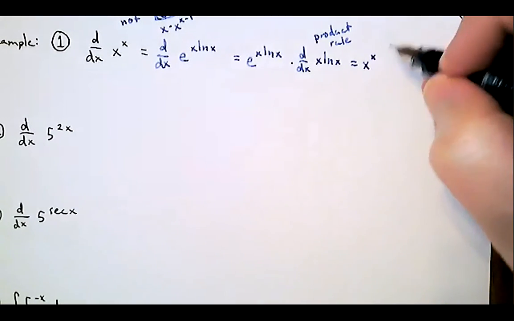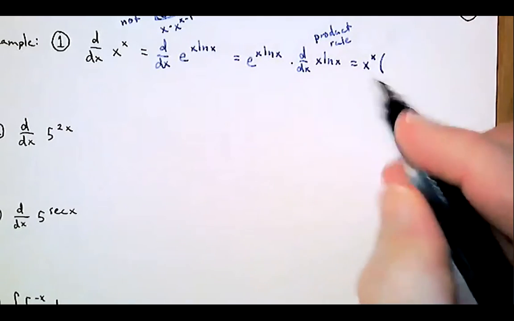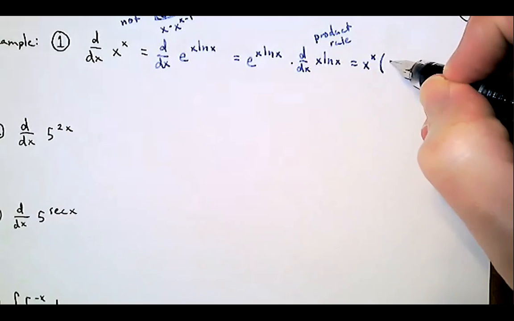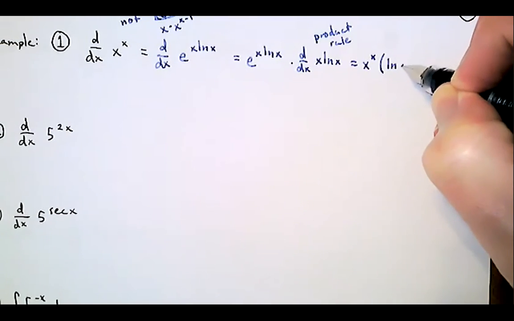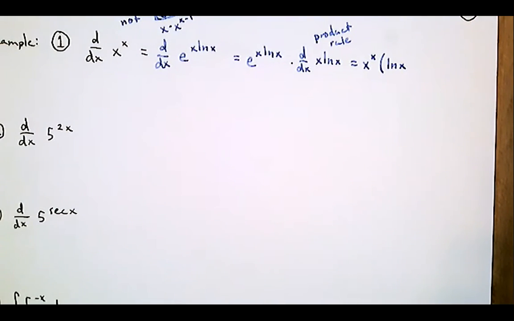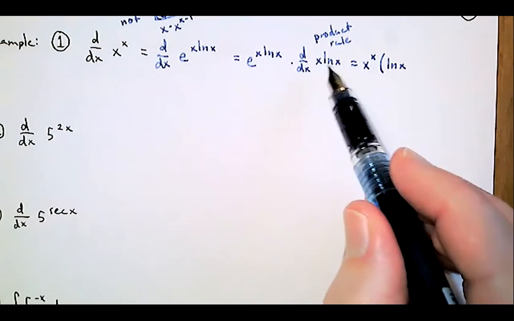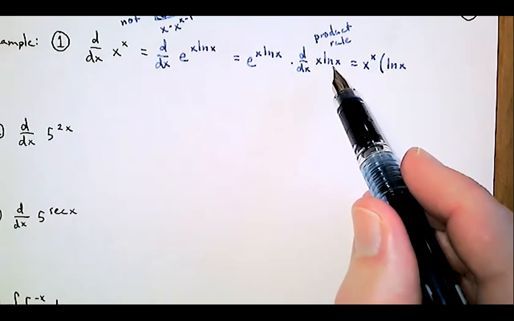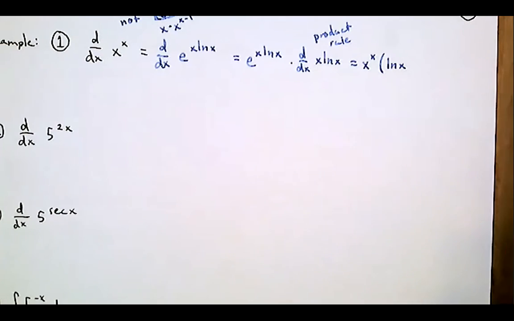And then take the derivative of the first piece, so you get a 1. And you're left with the natural log of x. And then you take the derivative of the second and multiply by the first. The derivative of the natural log is 1 over x.